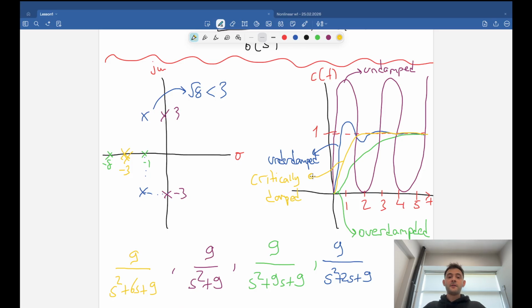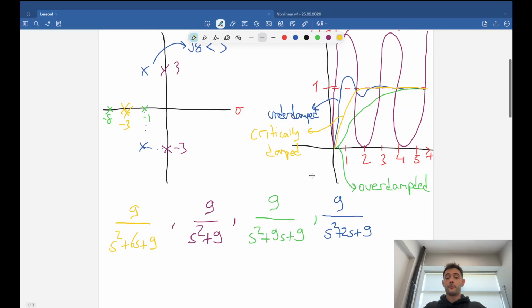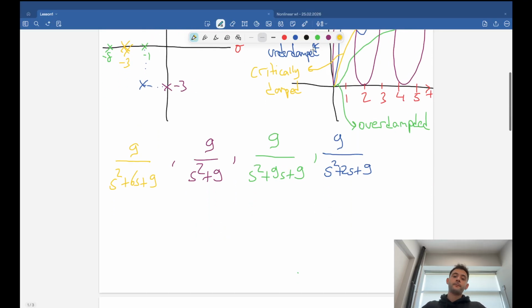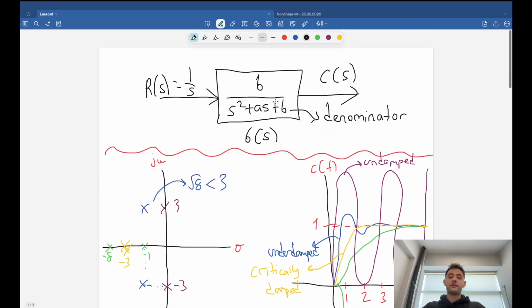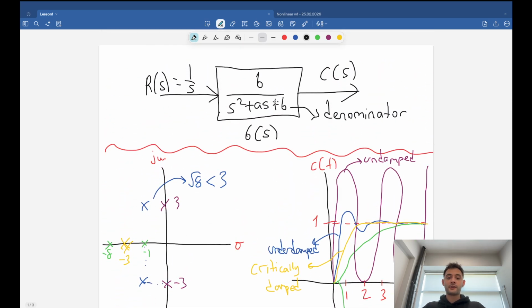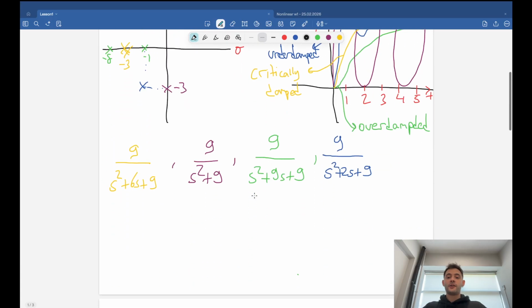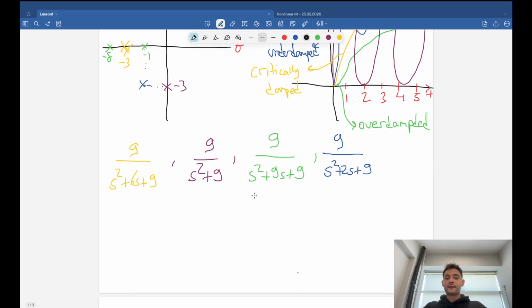But how do we do this segregation, how do we separate those kinds of responses, and how can we match them with our poles? As I wrote down here the general expression for second order transfer functions, we have one more which helps us analyze those responses and the corresponding pole combinations.